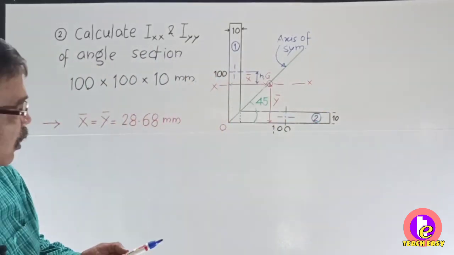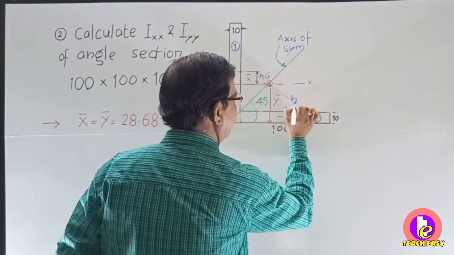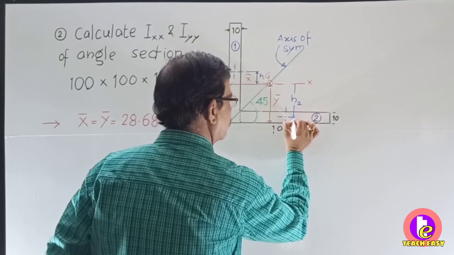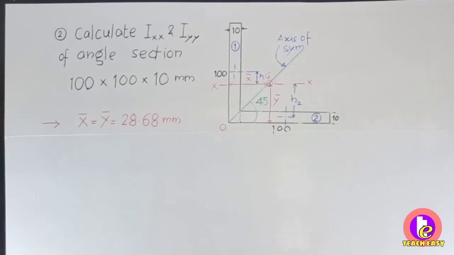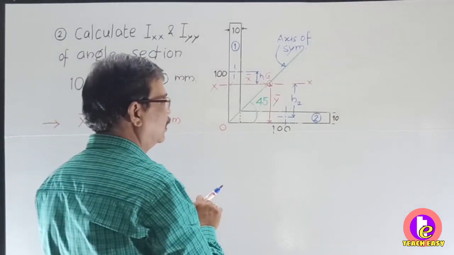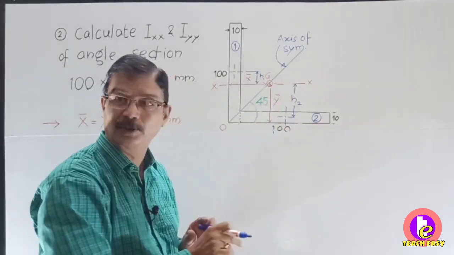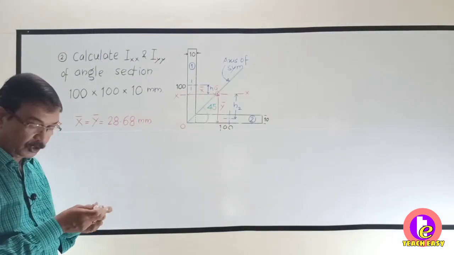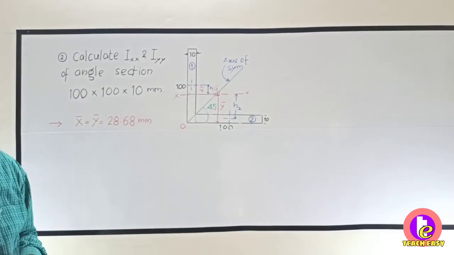So from here to here you have to shift. So this will be the value of h2. So how will you calculate h2? h2 will be y bar, that is 28.68, minus this distance which is 10 by 2, that is 5, and square of that. So from this you will get the value of Ixx.